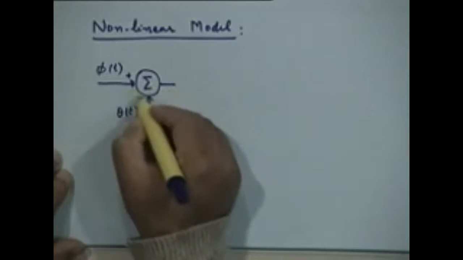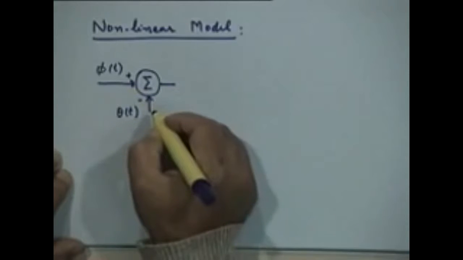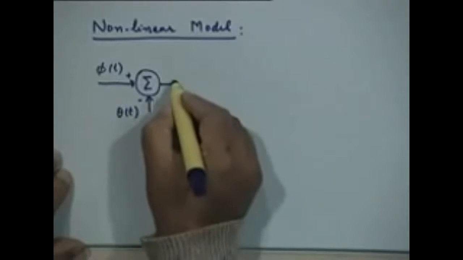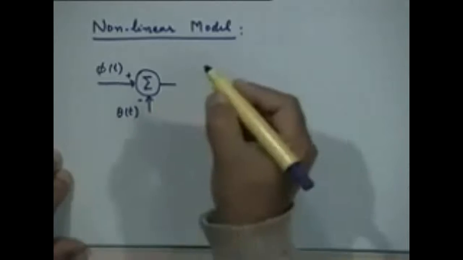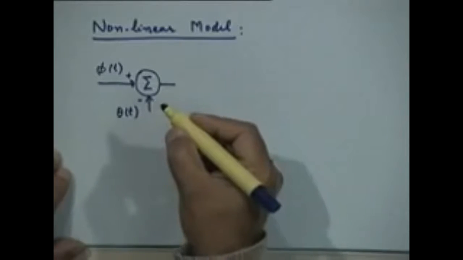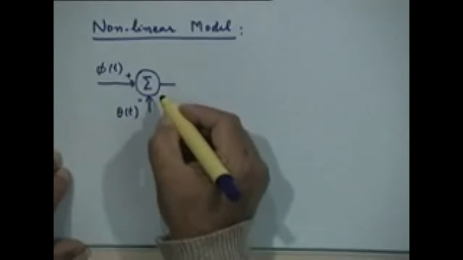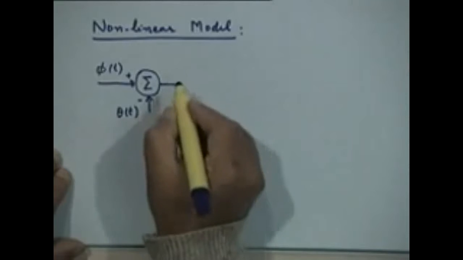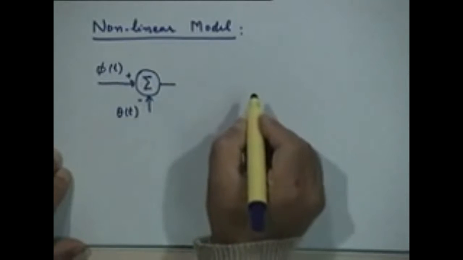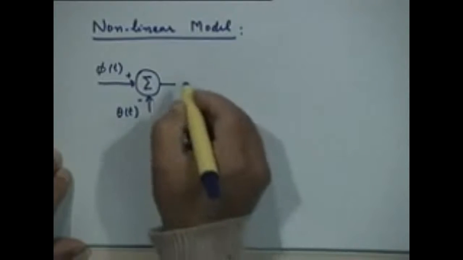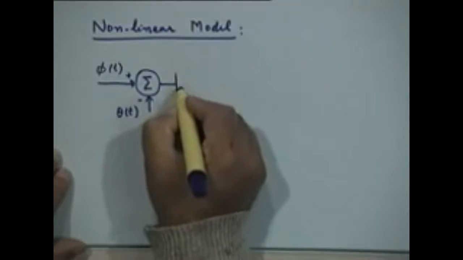It produces an output which is a difference of these two, phi of t minus theta of t, and then that phase detector output is proportional to the sine of this difference. So, not SIGN, but SINE, the sine function.